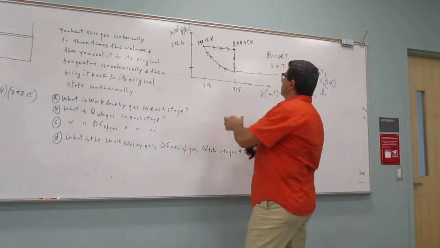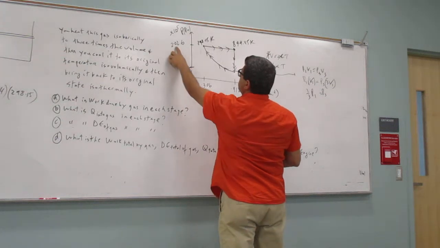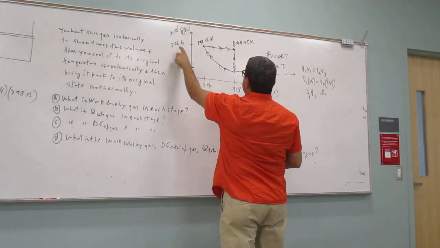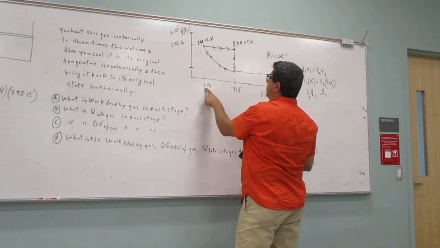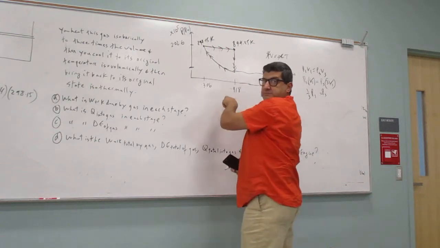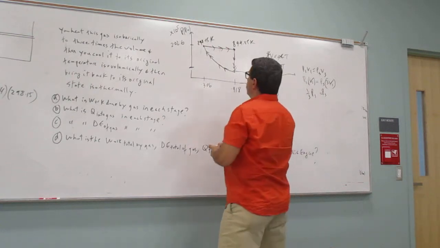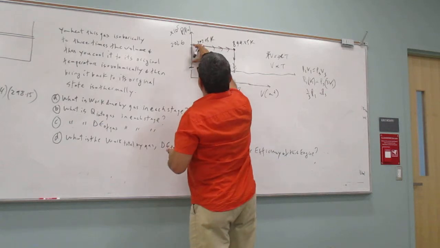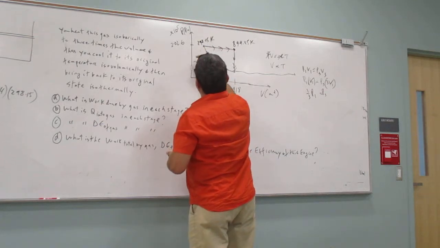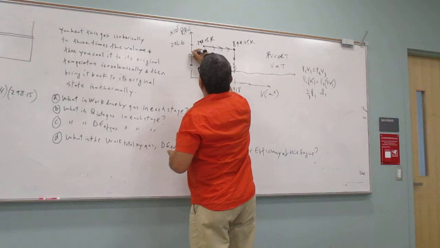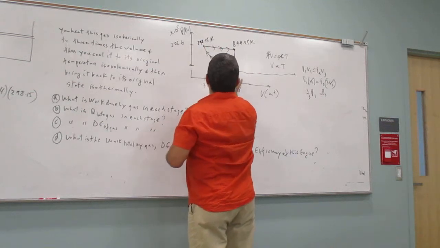So the pressure needs to be 3 times less than this, so that the volume here is 3 times more than that, and the temperature is the same, you see. So it's about, yeah, something like this visually.